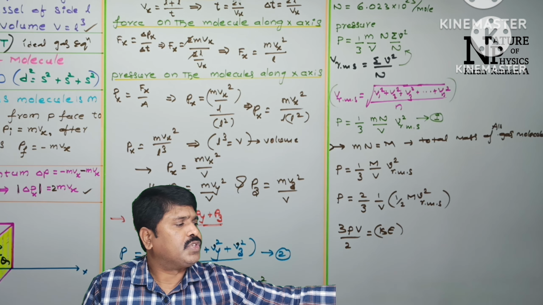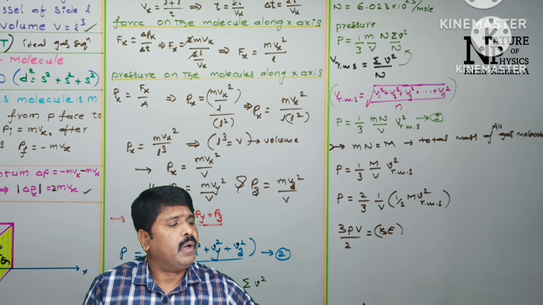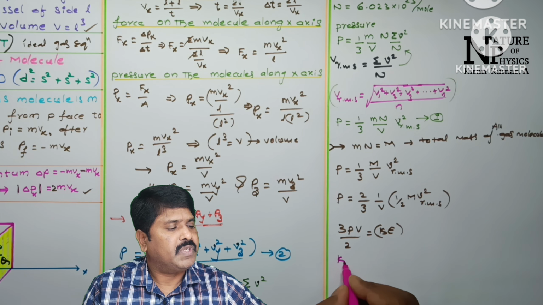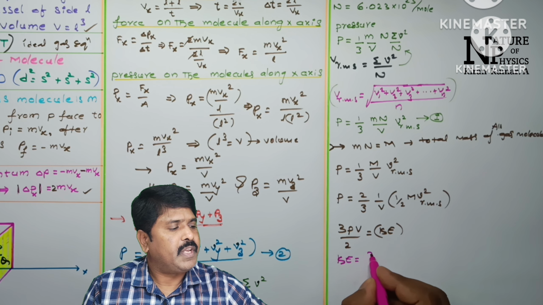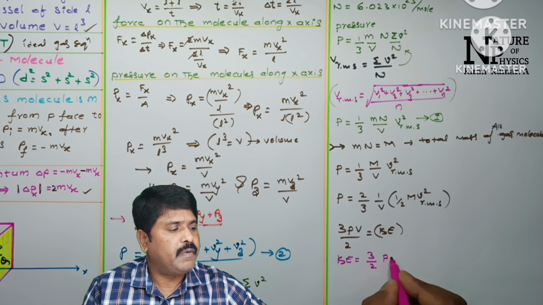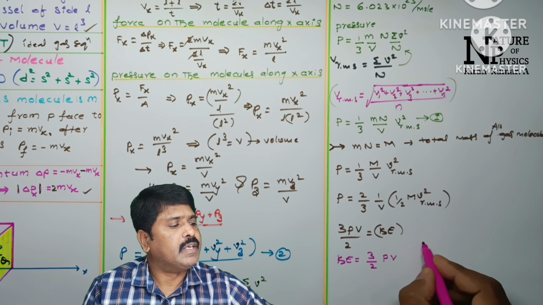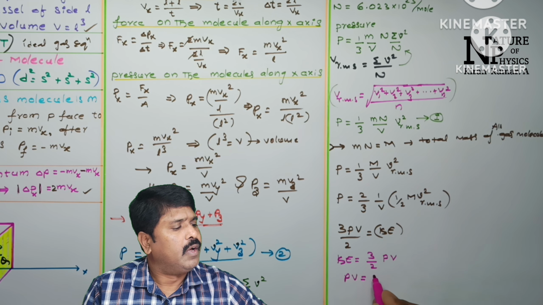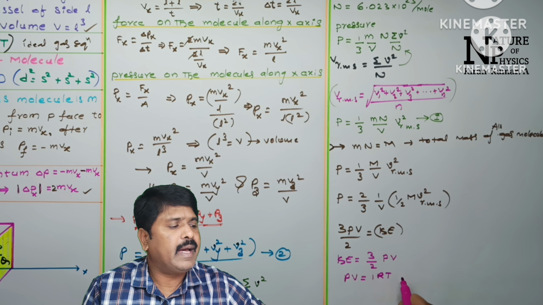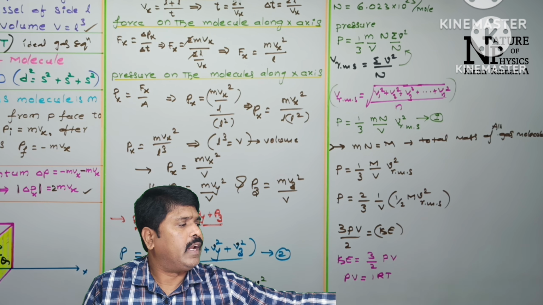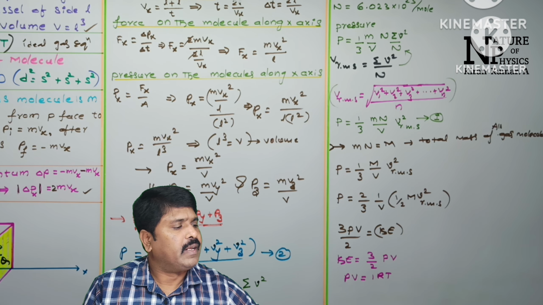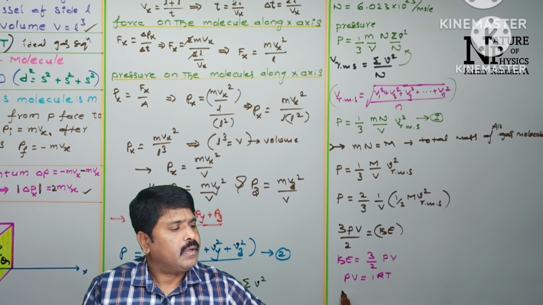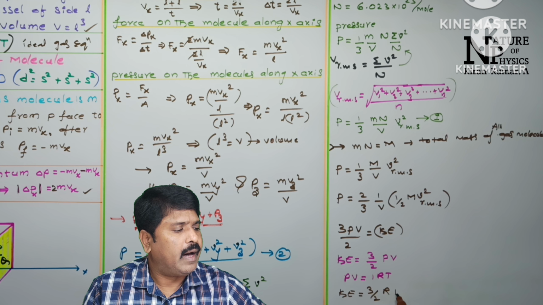Okay, and next step: kinetic energy is equal to 3 by 2 into PV, but PV is equal to 1 RT, the ideal gas equation. So the value is replaced now, and we will get kinetic energy which is equal to 3 by 2 into RT.